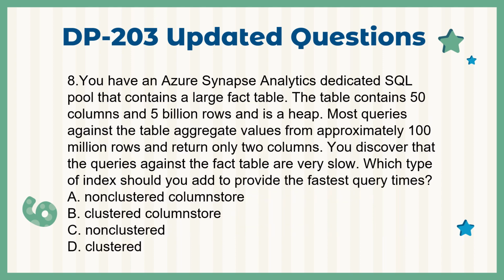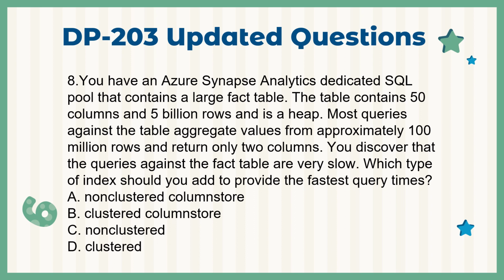8. You have an Azure Synapse Analytics dedicated SQL pool that contains a large fact table. The table contains 50 columns and 5 billion rows and is a heap. Most queries against the table aggregate values from approximately 100 million rows and return only 2 columns. You discover that the queries against the fact table are very slow.